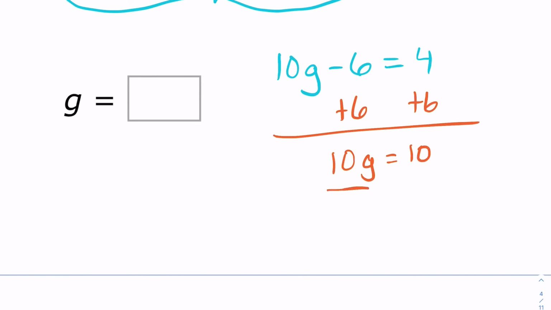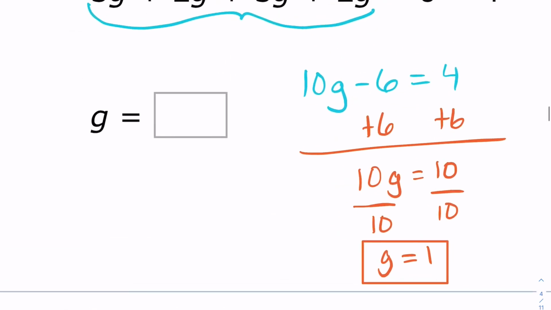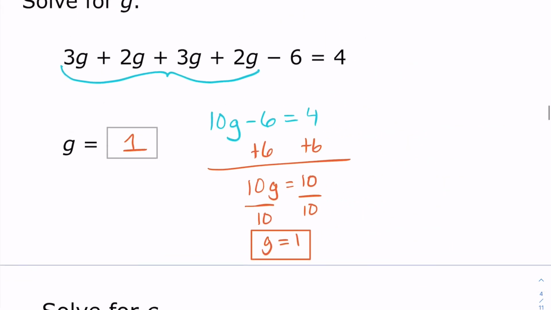Then we're going to divide both sides by 10, and g is equal to 1. Again, we can always check our work by substituting 1 back in for wherever we see g. And we would get 2 expressions on each side that are equivalent.